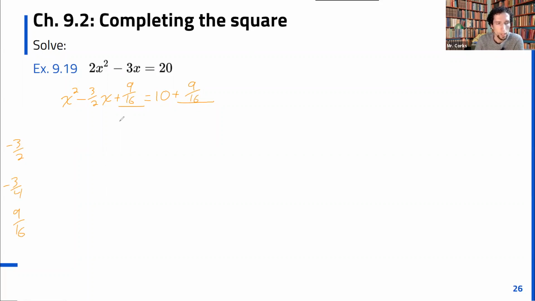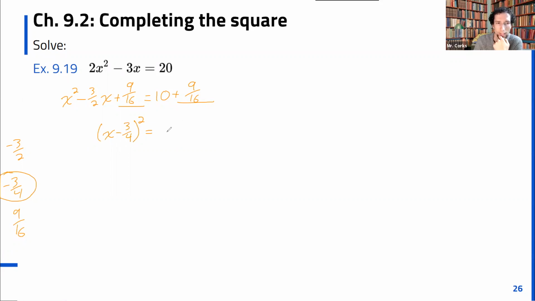So the next line, what are we going to get on the left side here? x minus 3 over 4, squared. That's the negative 3 over 4, just our b value divided by 2.